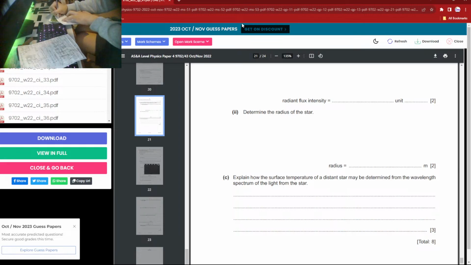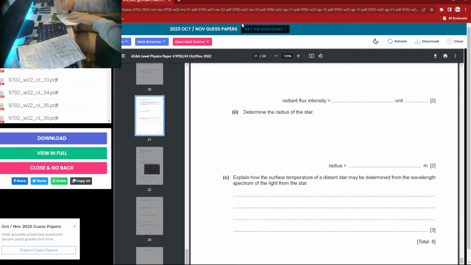So we can use this to determine the temperature. Explain how the surface temperature of a distant star may be determined.